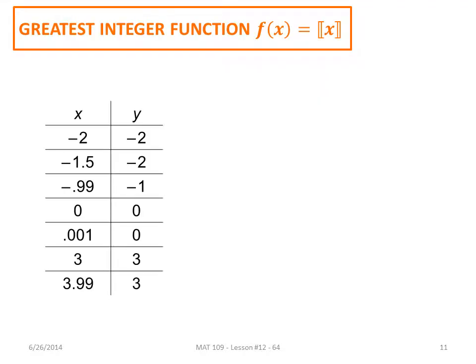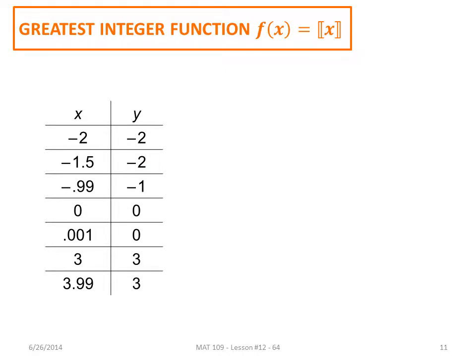Here are some examples. If I plug -2 in here, well, -2 is an integer, so the function is equal to -2. But if I plug -1.5 in, that's not an integer. If I want the greatest integer less than or equal to that, I have to move to the left until I reach an integer. If I move from -1.5 to the left, the first integer I encounter is -2.